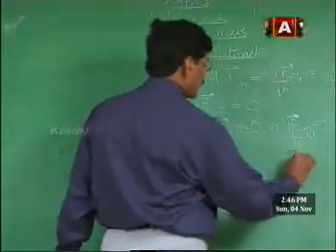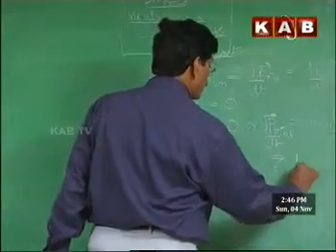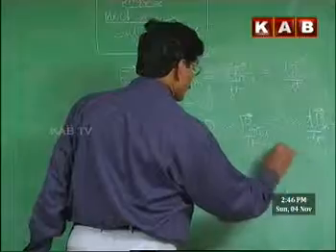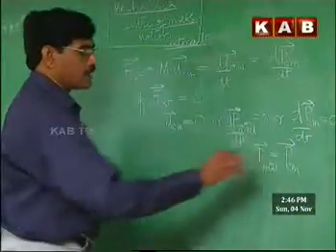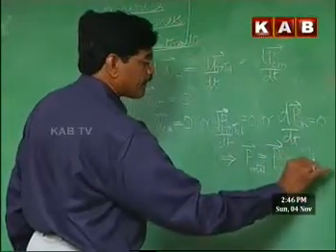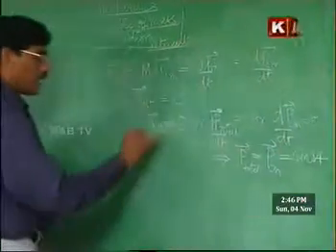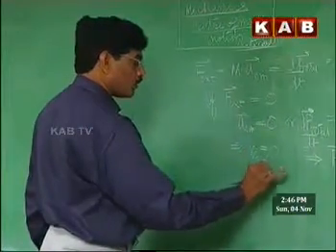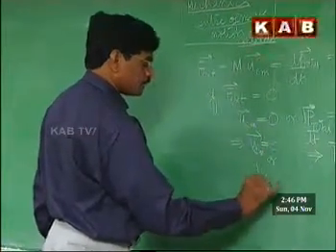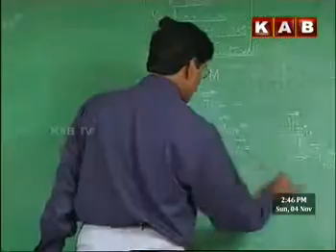From this, what we can conclude is P total, which is also equal to PCM, total linear momentum of center of mass, is constant, and from here VCM is 0 or VCM is constant.